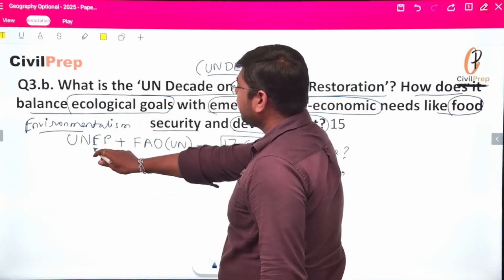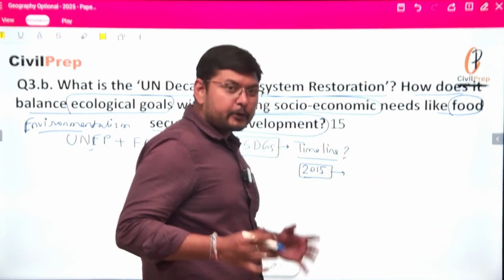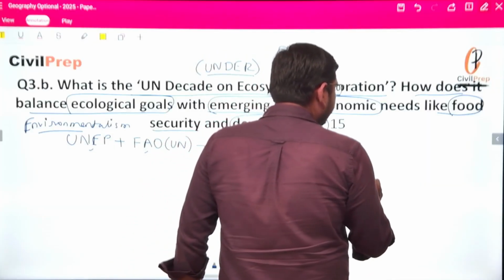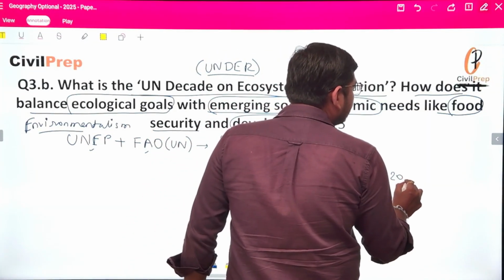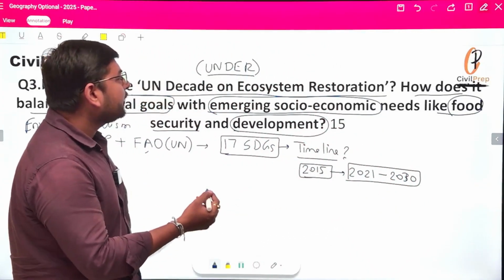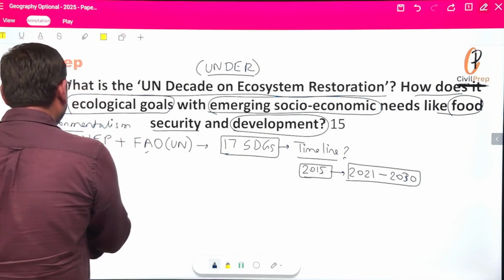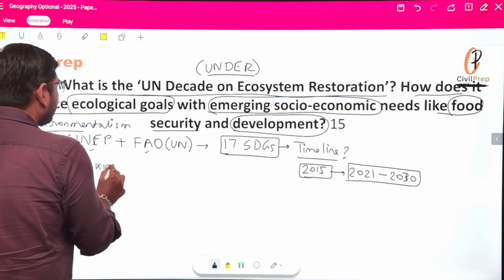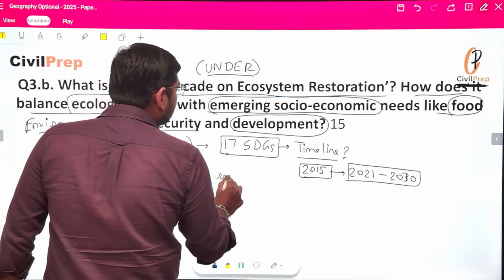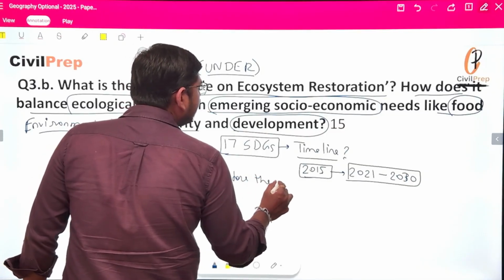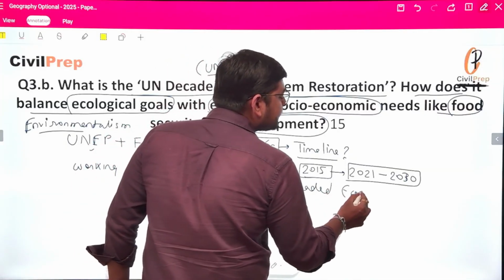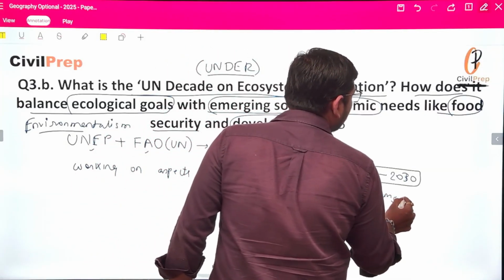Therefore, UNEP and the Food and Agricultural Organization came together and provided one unique idea: we will take 2021 to 2030, one complete decade, as the UN Decade on Ecosystem Restoration, where they will be working on aspects to restore the degraded ecosystems of the world.